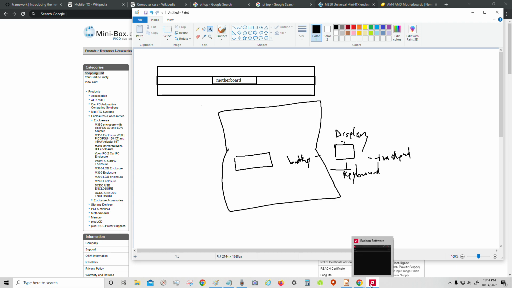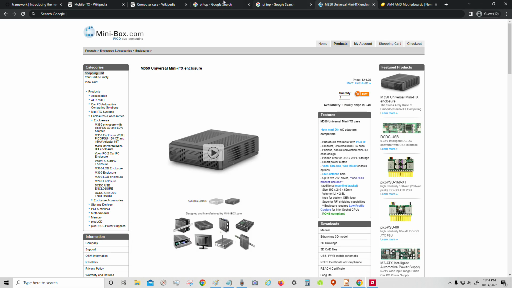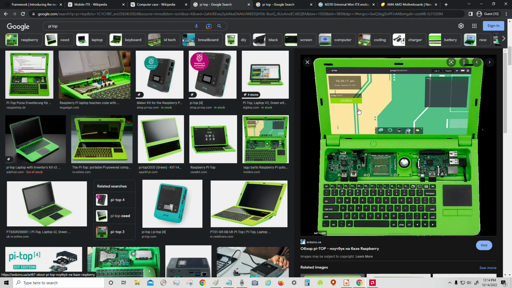So these laptops, like the Pi Top, are in a way modular because it's not dependent on a specific single board computer being in here. You could connect something else as long as it needs to be plugged in to a power connector.